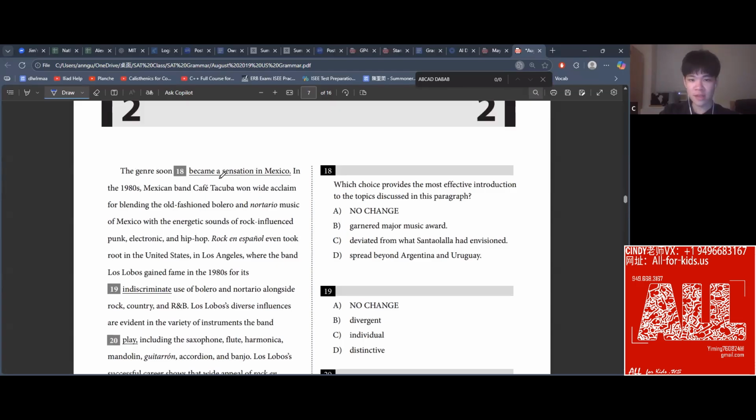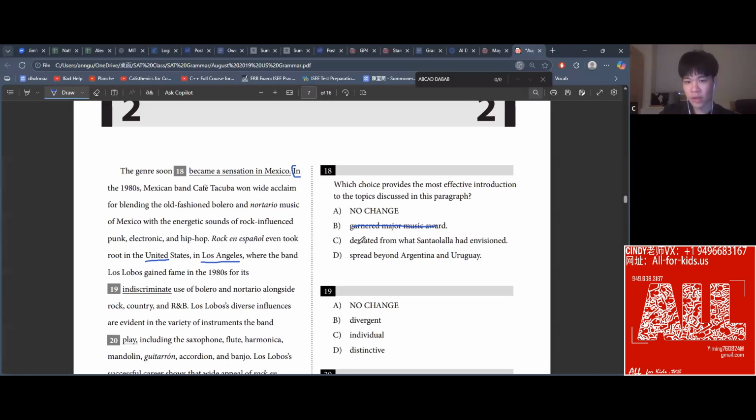This genre soon became a sensation in Mexico. So we want to talk about the effective introduction that talks about a topic discussed. So if you look at just later, right? It says the Mexican band Cafe Cuba, one acclaims elsewhere. They even went to the US, right? So they went beyond, let's say, where they were introduced. So garnered musical award?